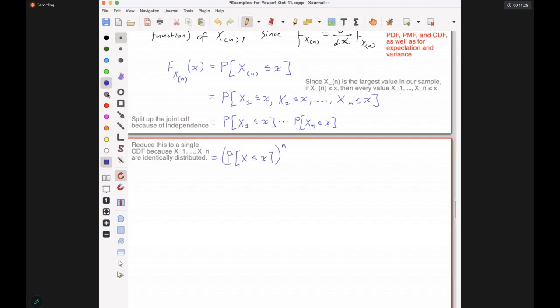And this is a CDF. We don't need to write it as a CDF because we're going to write it in terms of the density function in the next step anyways. But this, just as a note, is equal to large F of regular x, parentheses x. Does that make sense?